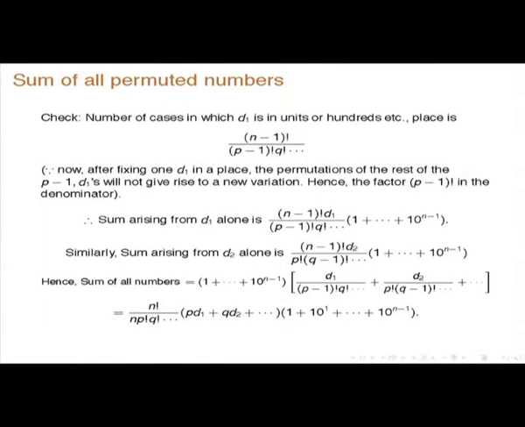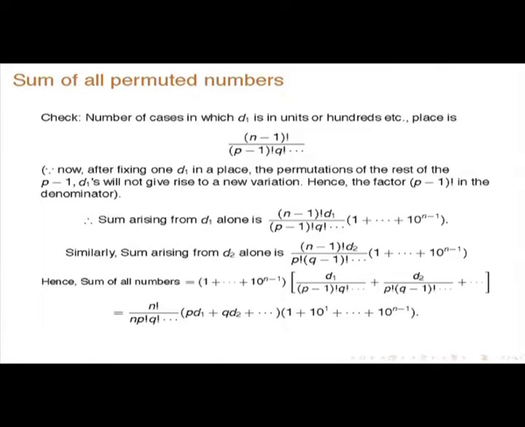Finally, you get a neat result: factorial n by n into factorial p into factorial q, etc., into p d1 plus q d2 plus etc., into this. So this is the sum of the digits.